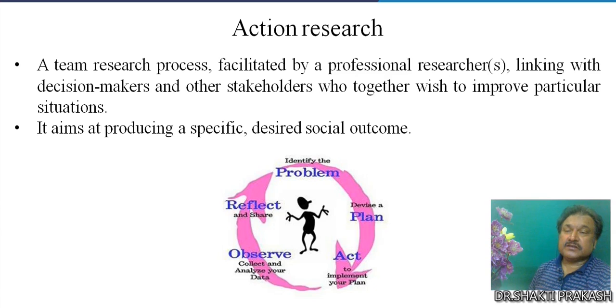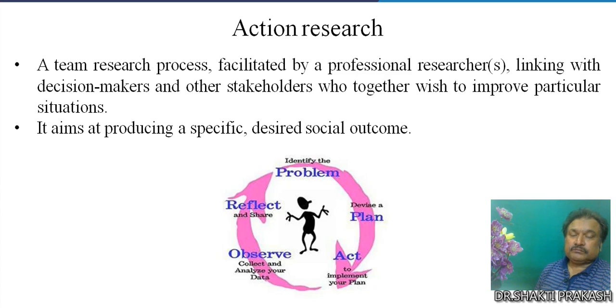This is action research. What is action research? A team research process facilitated by professional researchers, linking with decision makers and other stakeholders who together wish to improve a particular situation, and it aims at producing specific desired social outcomes.